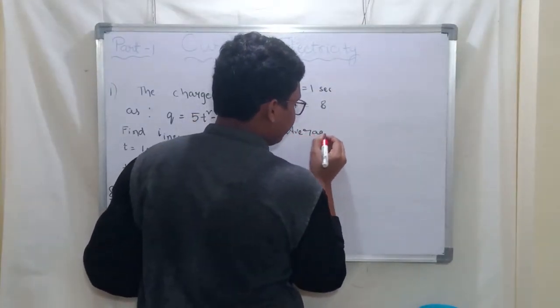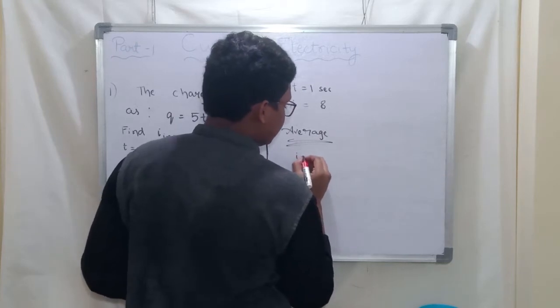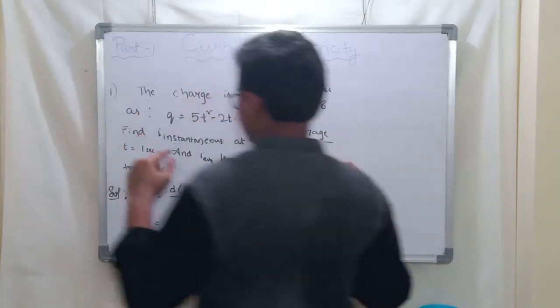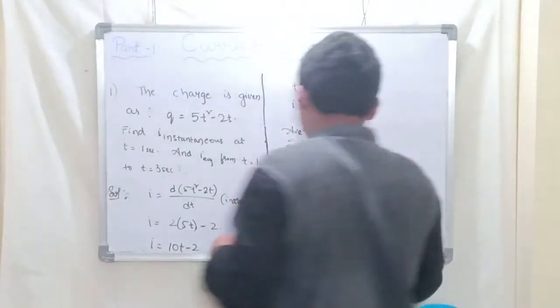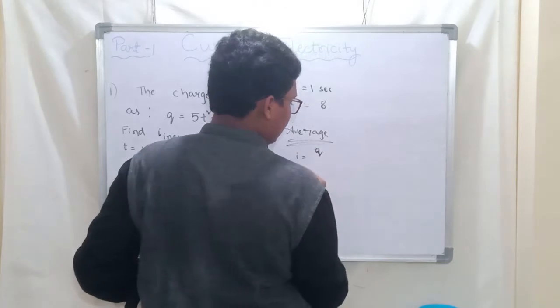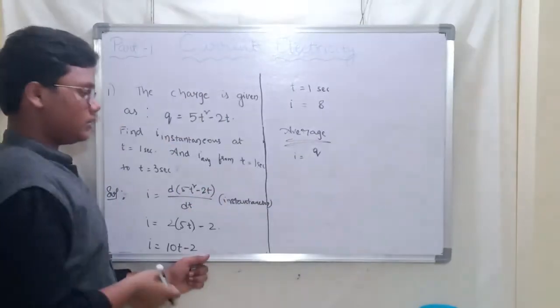Now the average. I is equal to delta q by delta t, the change in charge, q at 3 seconds minus q at 1 second, or we can take 2 seconds instead.